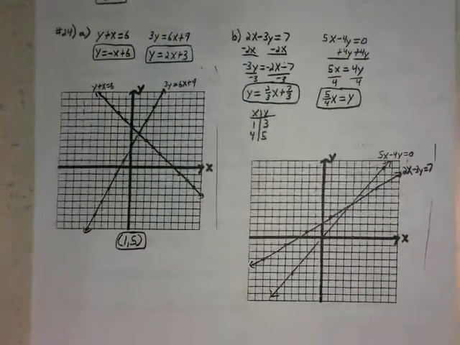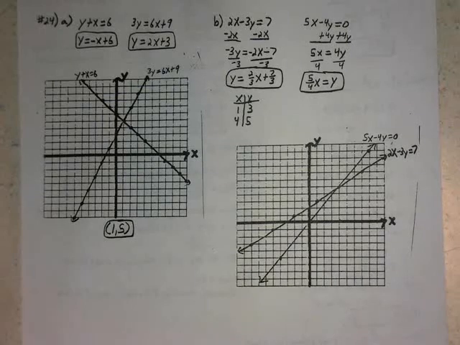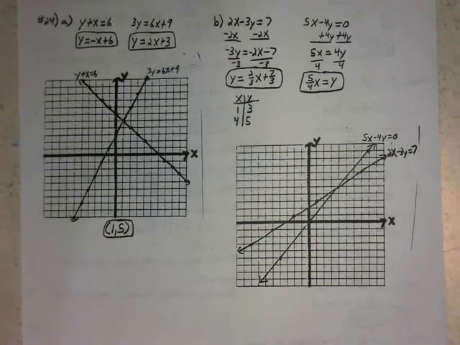Okay, and then here's number 24. This was solving a system of equations graphically. Remember that to solve a system of equations means finding where they intersect, or what point or points they have in common. When you draw two lines, in these two cases they intersect at one point, so there's one solution.